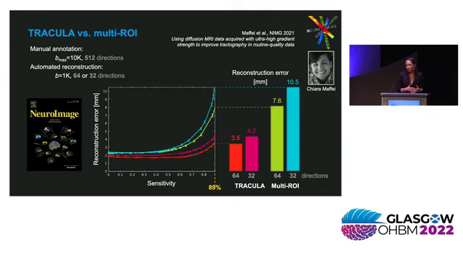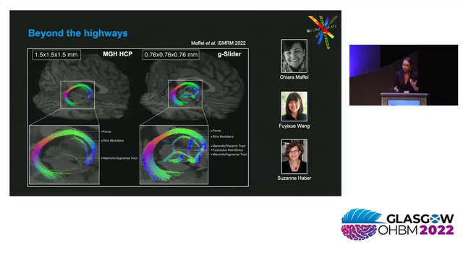For now, we have focused mainly on the big highways of the brain. But for our next step, we want to move on from the big highways and into the deep, dark alleys of the brain. And this is work, again, by Chiara in collaboration with Fuyishui Wang and Suzanne Haber on the anatomy guidance.